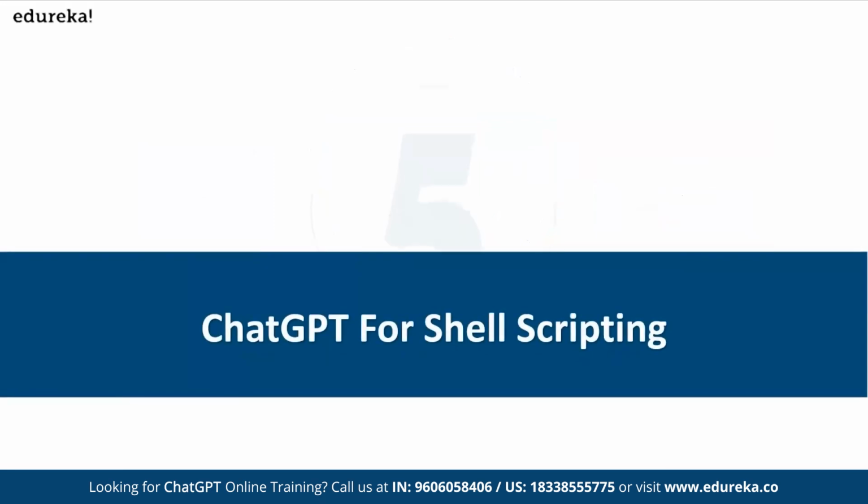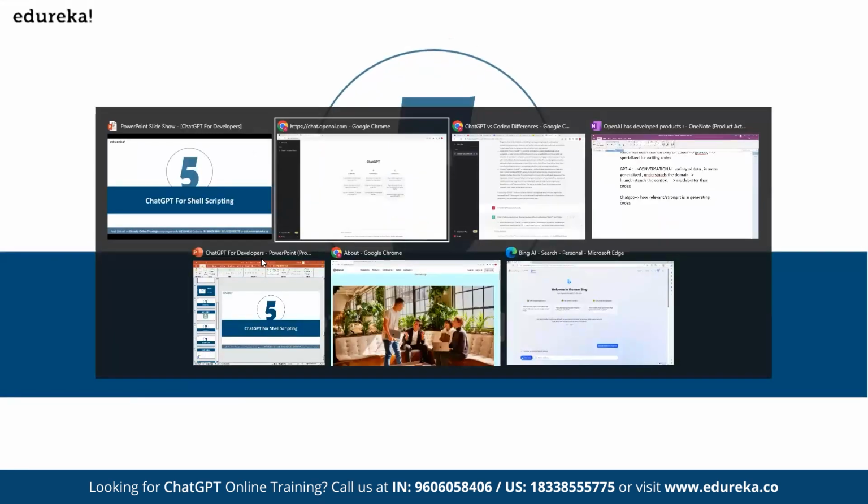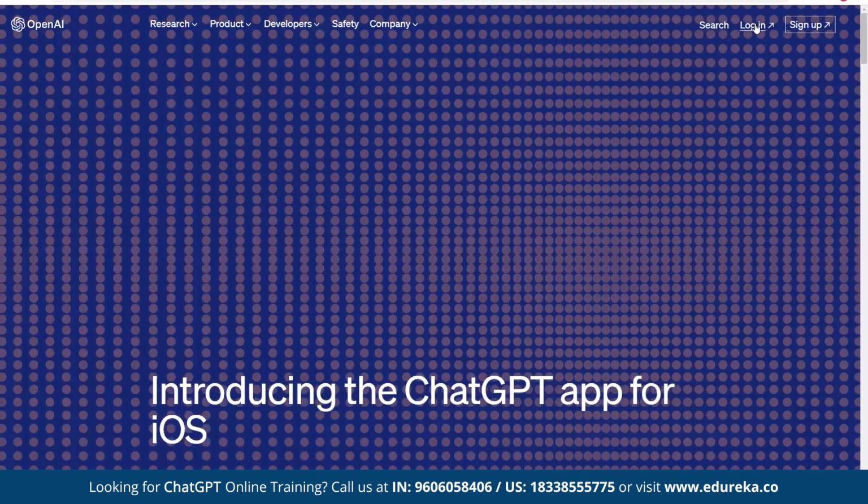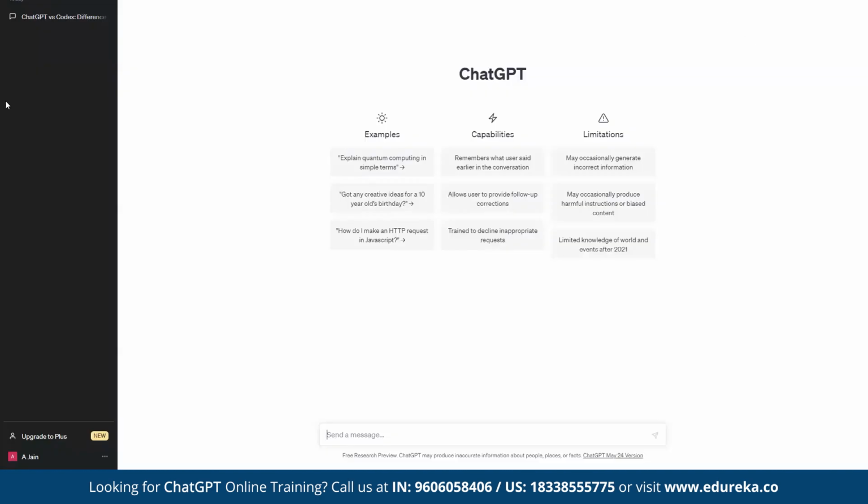The other thing I wanted to show you all is how you log in. As I said, you just need to log in. I have already created my sign up here. It will ask for your phone number, etc. You'll have to enter that, send the OTP, and then you will get this kind of framework.